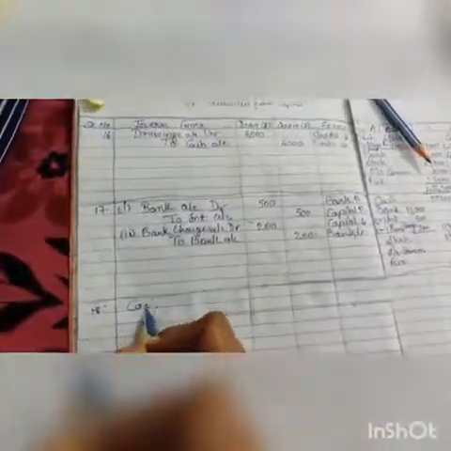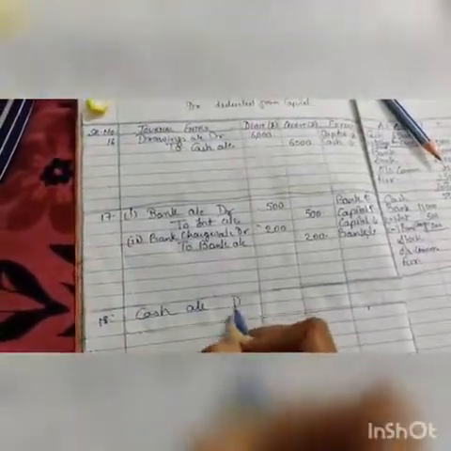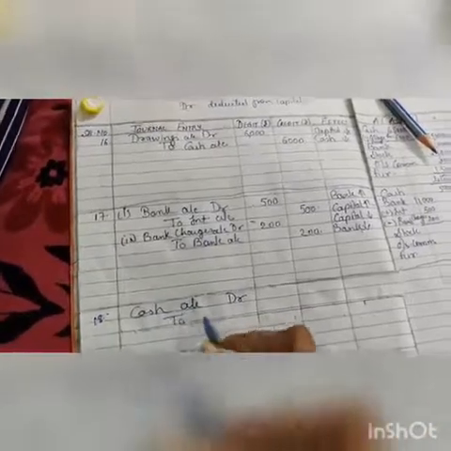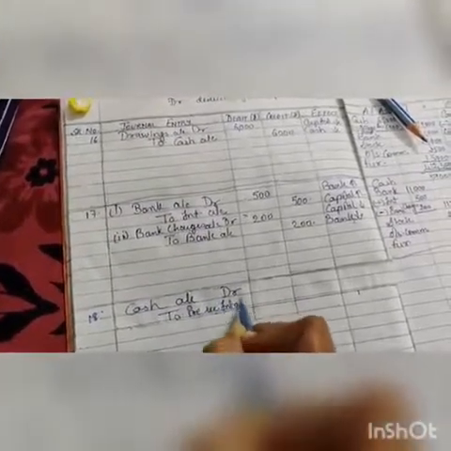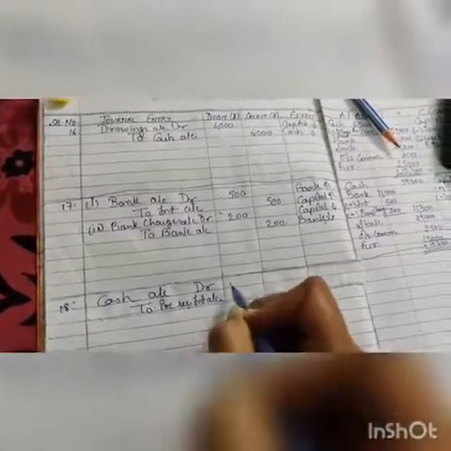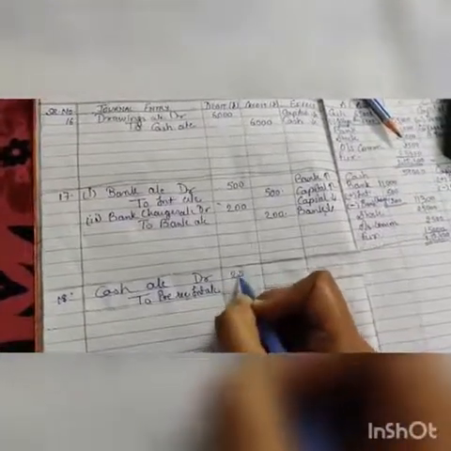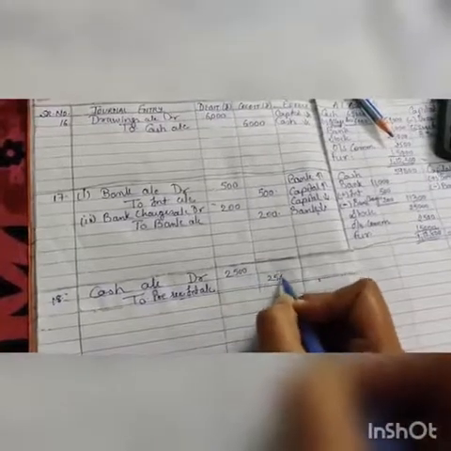It is known as received in advance, known as pre-received. So here your entry will be cash account debited to pre-received interest account. What is the amount they have given? That is 2500, and here also 2500.